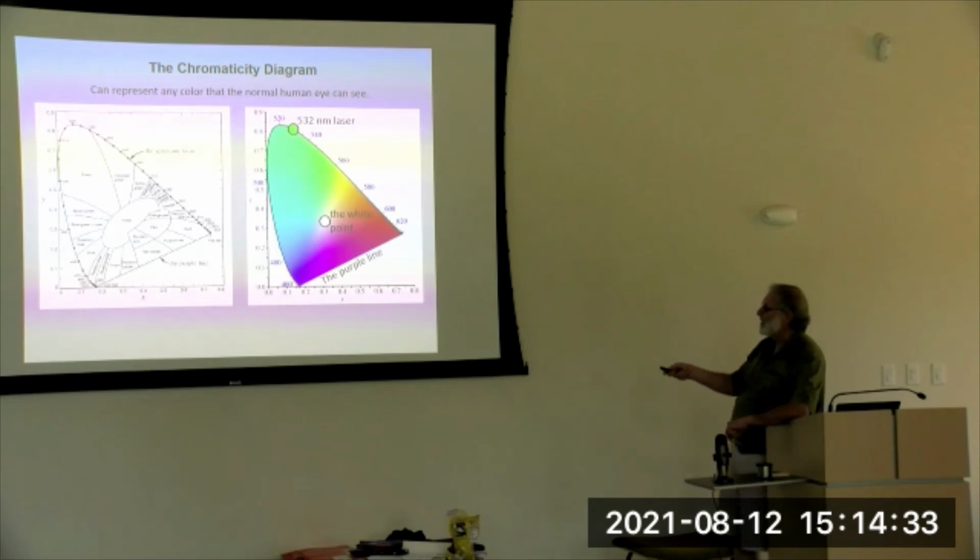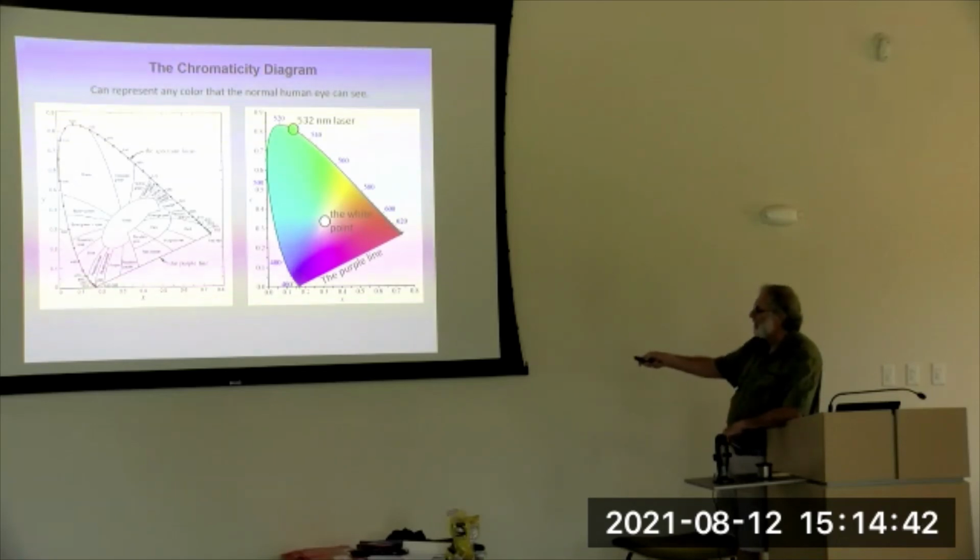Now, the way these things are put together is if you go through this exercise for monochromatic light, starting out here at like 400 nanometers, and you work your way around and hit 532, and then out to like 720, that generates this row of points here, and that's called the spectrum locus.